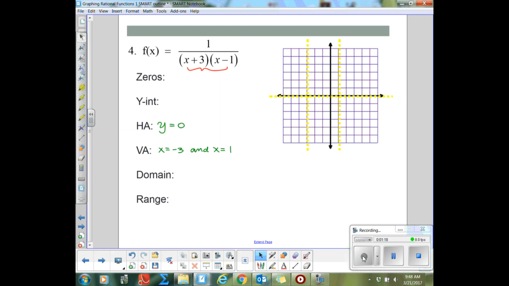Next, we can get some points. There are no x-intercepts because the numerator is a constant. Y-intercept, we plug in a 0 and get 1 over negative 3, so negative 1/3.